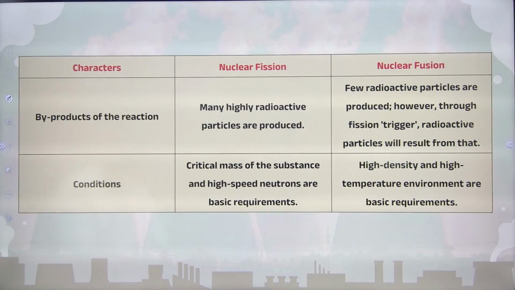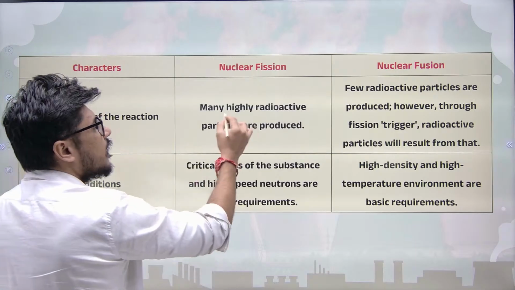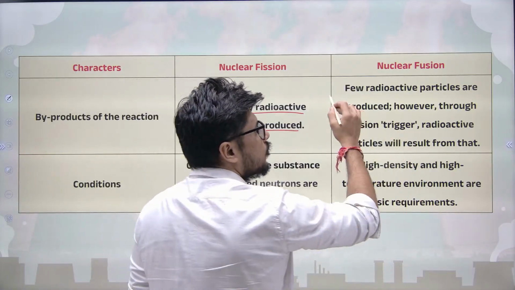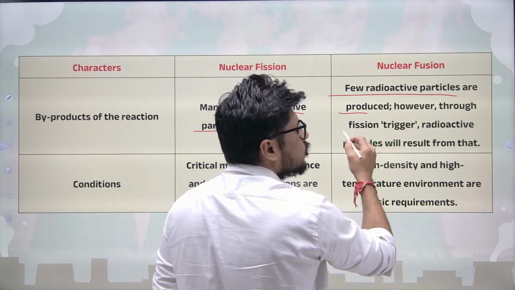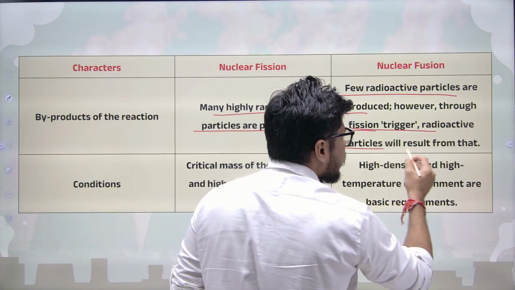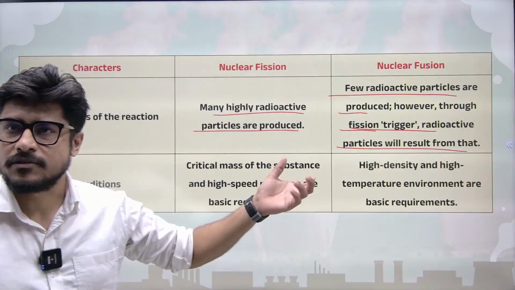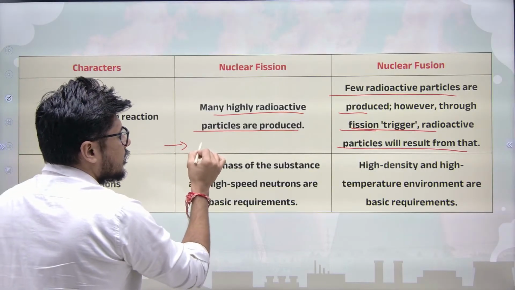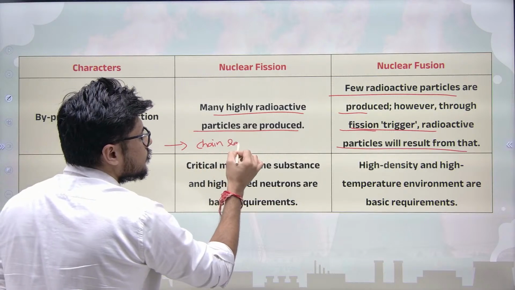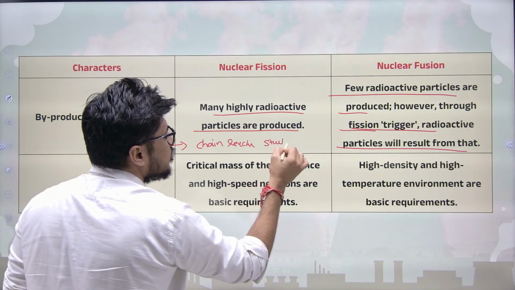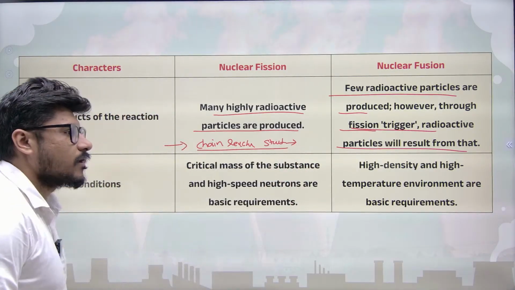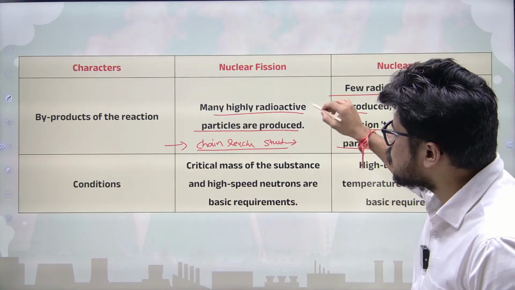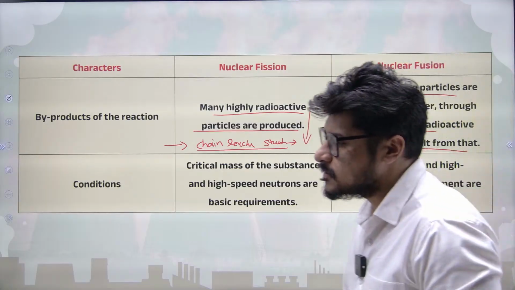The byproduct of the reaction, obviously, is massive power. Few radioactive particles are produced in the fusion process. However, the fission process results in radioactive particles. Let me tell you, in a fission process the chain reaction starts, and if it goes uncontrolled, if you cannot control this chain reaction, the whole system will collapse.